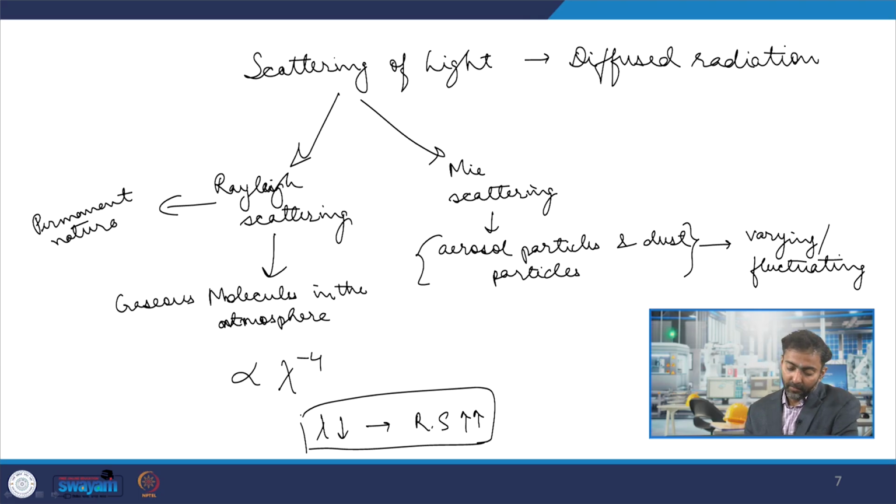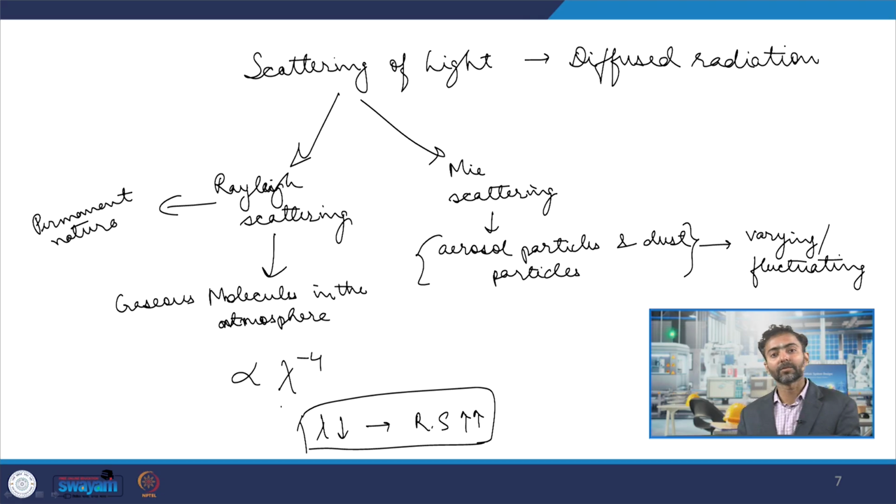Now, as you can see, we are saying that Rayleigh scattering is proportional to lambda to the power minus 4. So, the smaller the wavelength, the higher is the amount of Rayleigh scattering, and that is precisely the reason why the sky appears to be blue.